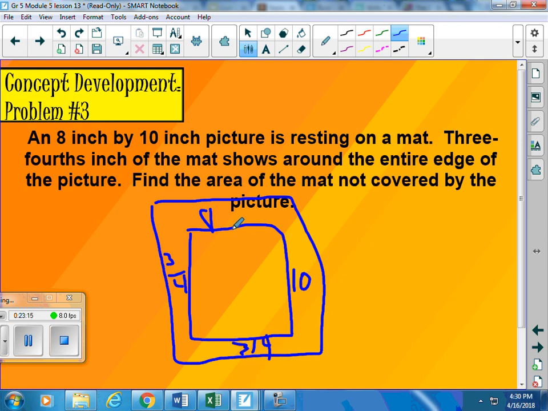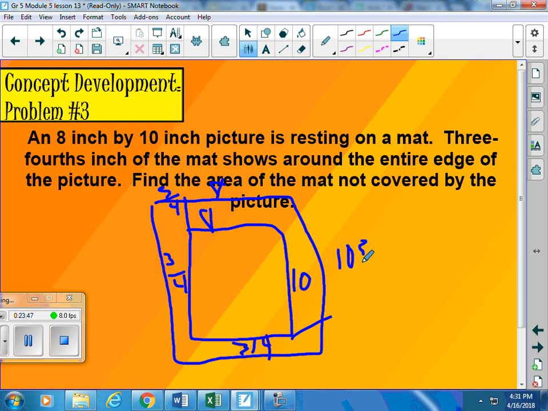Okay. So let's think of that. So if I have the area of this mat, I know from partitioning it that this is going to be 8, and this is going to be 3/4, and this is going to be 10 and 3/4.